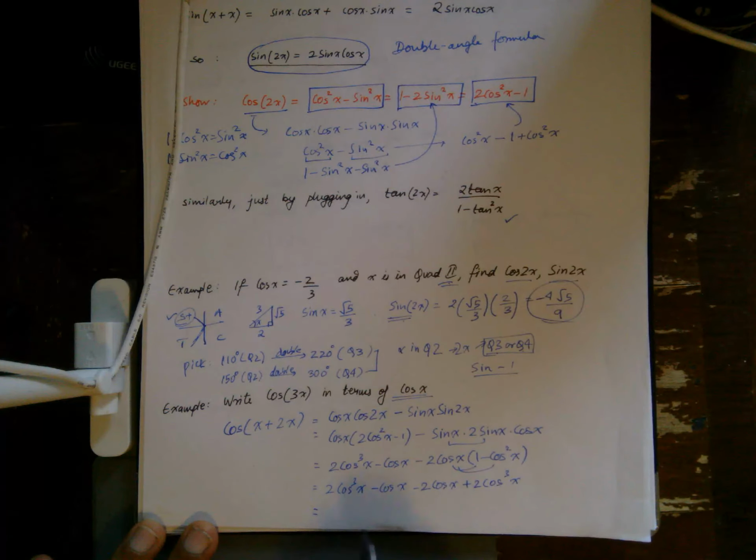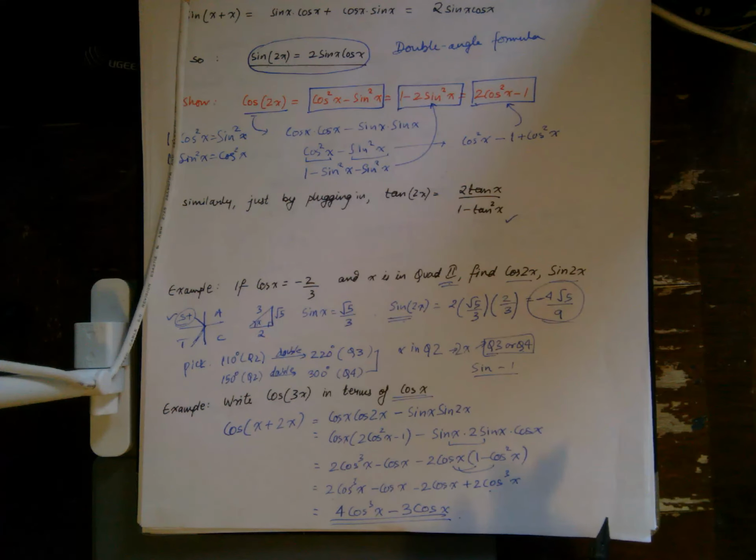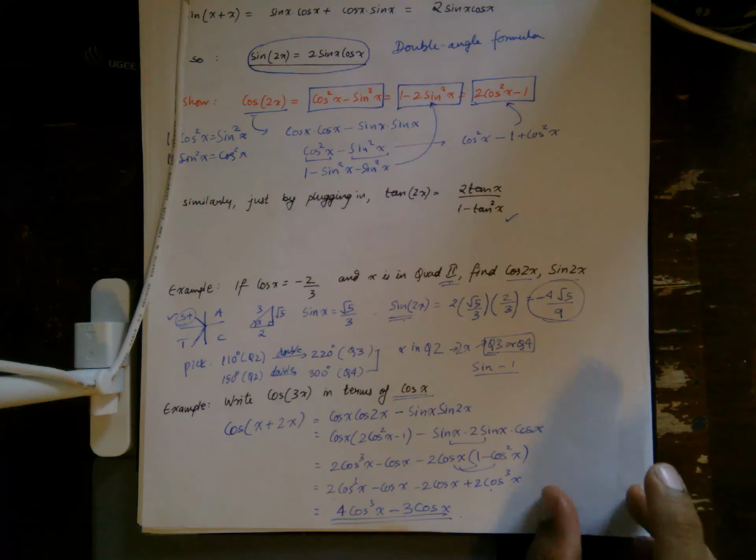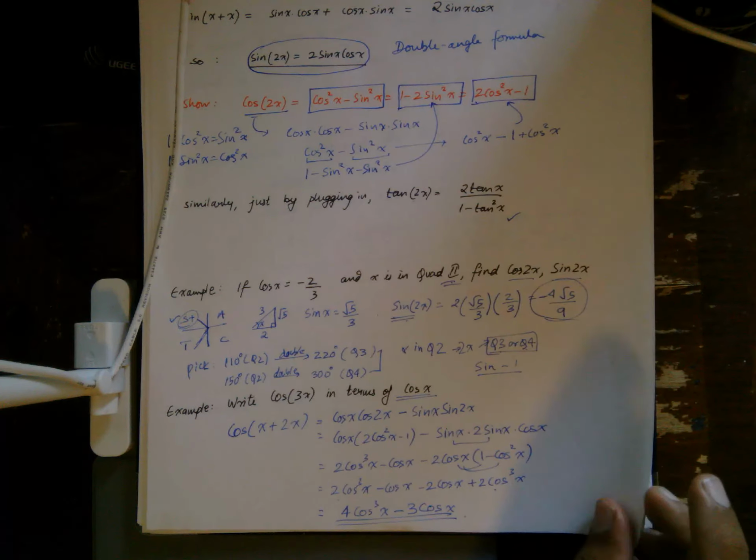So what you get here is 2 plus 2, 4 cosine cubed x minus 3 cosine x. This is also called a triple angle formula, right? Meaning if you know cosine of 20 degrees, you can find cosine of 60 degrees.